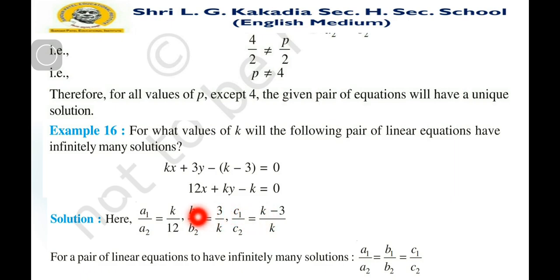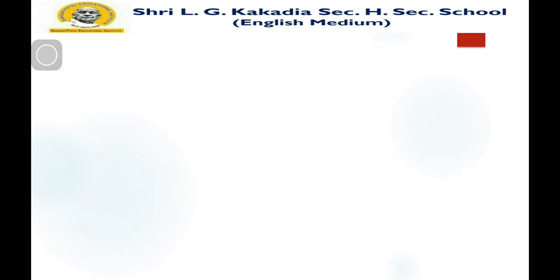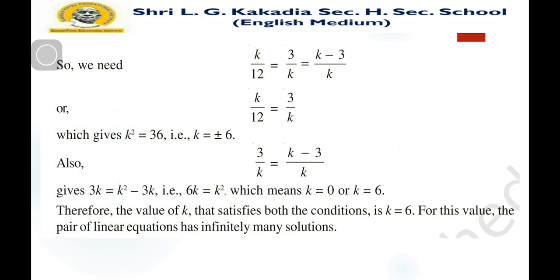Now for the pair of linear equations to have infinitely many solutions, we know that a1 by a2 is equal to b1 by b2 is equal to c1 by c2. Putting all these values in, we get k by 12 is equal to 3 by k is equal to k minus 3 by k.